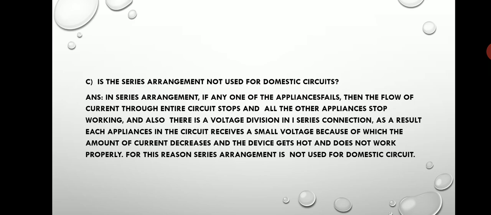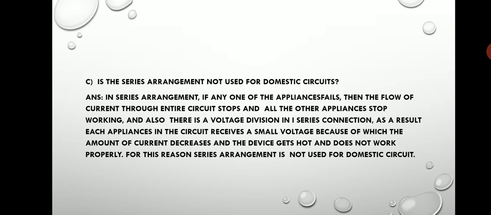In a series arrangement, if any one of the appliances fails, then the flow of current through the entire circuit stops, because the same current flows in all the appliances. But in parallel, the current splits. So the other appliances also stop working. That is one reason.